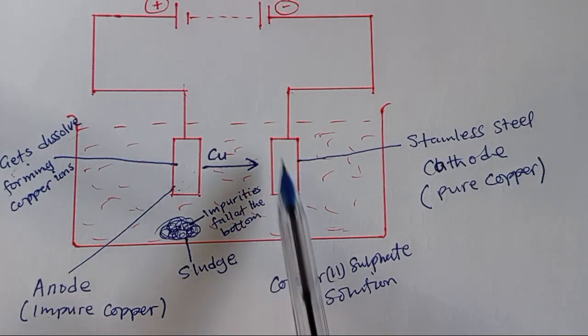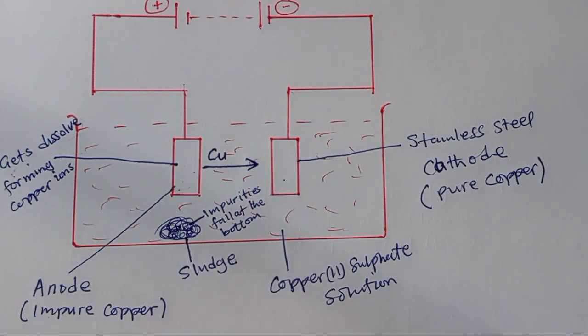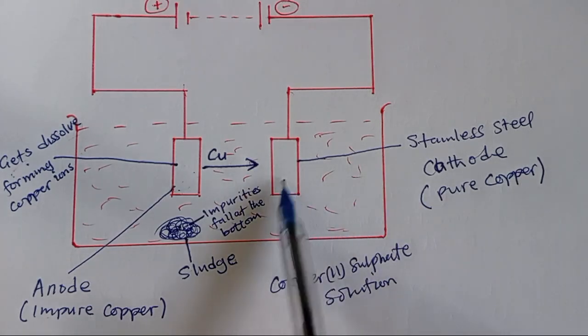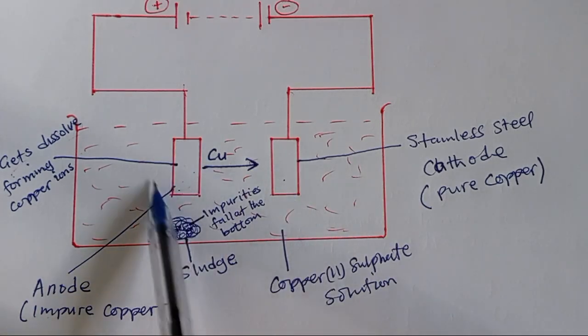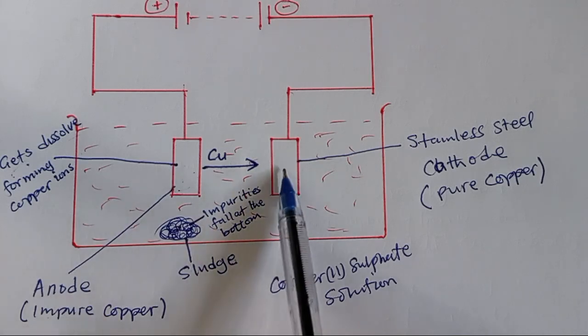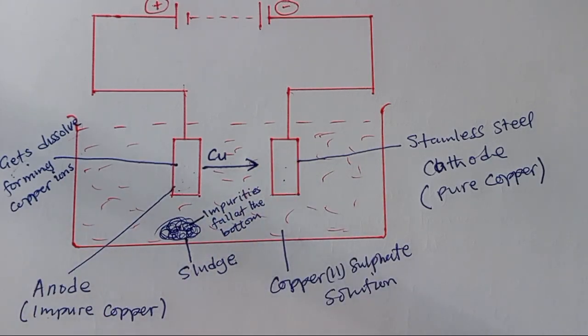The cathode is negatively charged, so the negative charges will attract the positive charges of copper. At the cathode, that is where the pure copper will be. So the mass of the anode will reduce, then the mass of the cathode will gain.